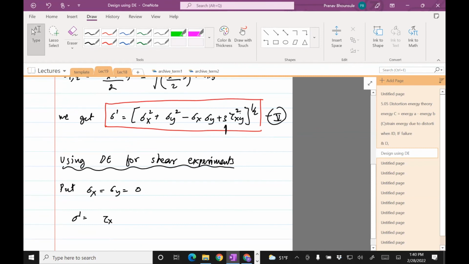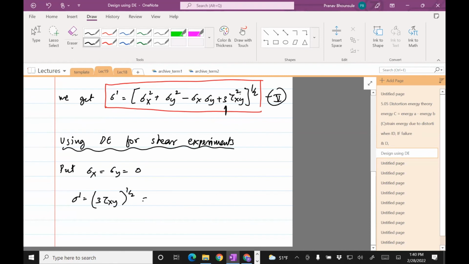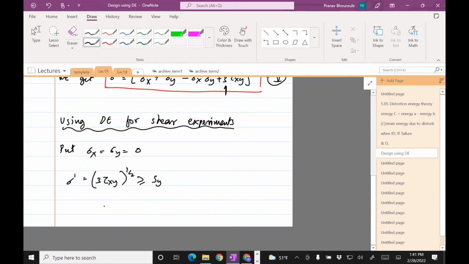So if you put sigma x equals sigma y equals 0, then we have tau xy, the whole thing raised to half, equal to Sy, right? Because the condition is sigma prime should be greater than or equal to; if you want greater than or equal to, it's also good enough. And so then tau xy is greater than, so you have to take the square root of 3 and take 1 over square root of 3, so 0.577.